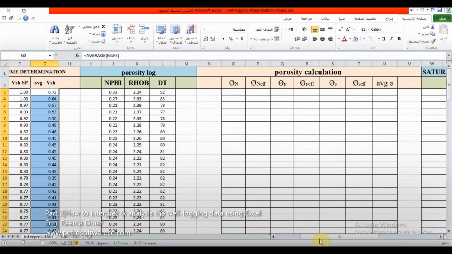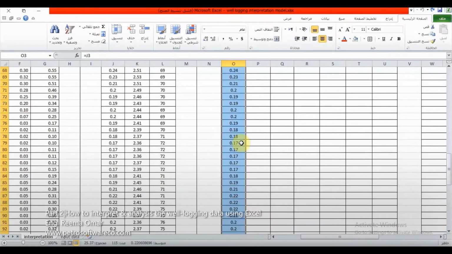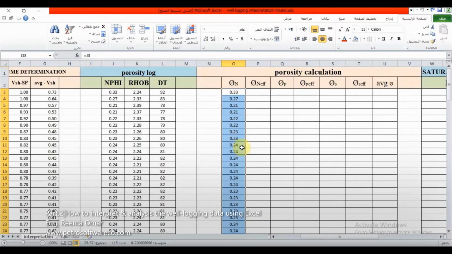The next step is porosity determination. The first column is the neutron porosity. As we said, the porosity from neutron is read directly from the log, and this porosity is total porosity, so you need to correct this value to effective porosity. This porosity is total neutron porosity.